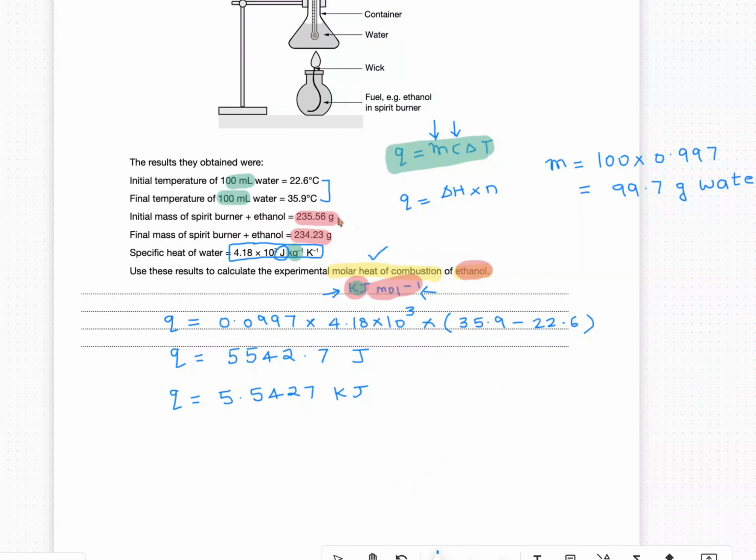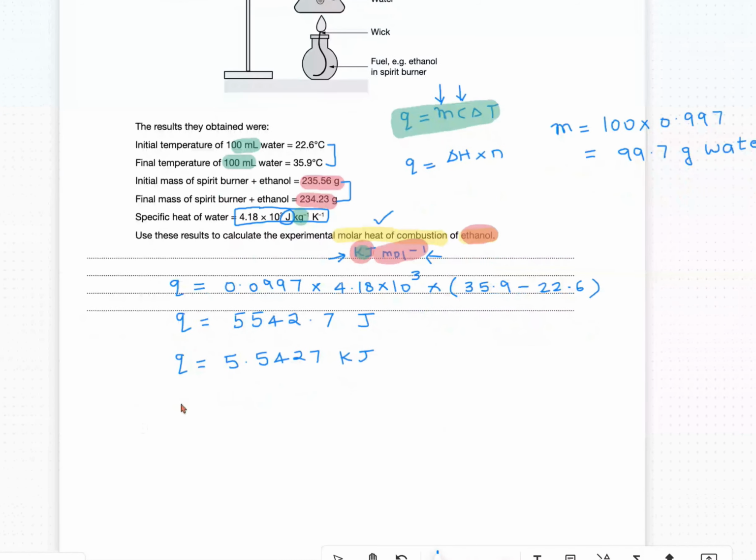So the only thing that is burning is ethanol, which means you are going to find the mass of ethanol, which is 235.56 minus 234.23 gram. I used it directly in the formula, but if I find it, it is 1.33 grams.